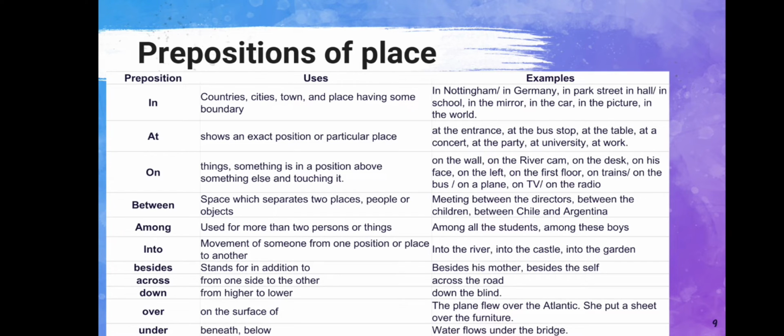On: something is in a position above something else and touching it. Then between: space which separates two places, people or objects. Between is used for two people, two places or two objects, whereas among is used for more than two persons or things.